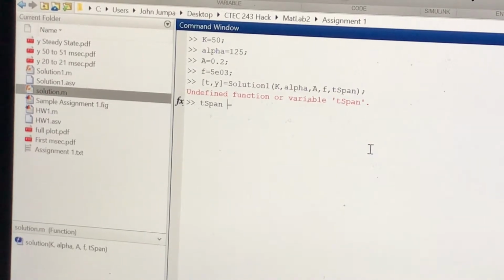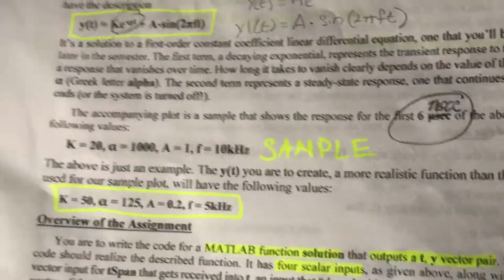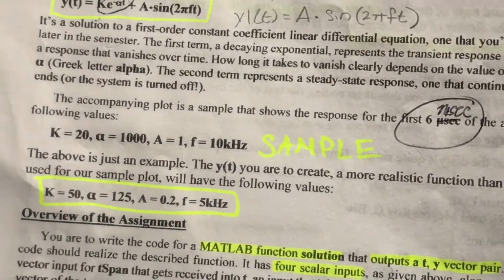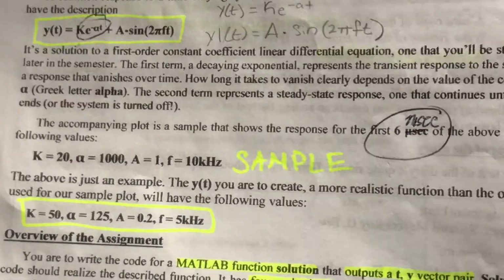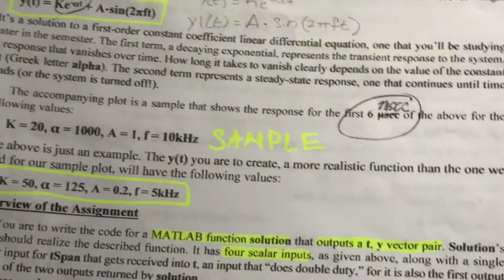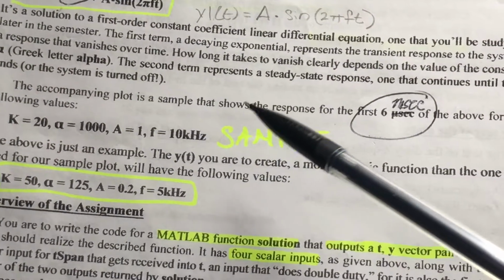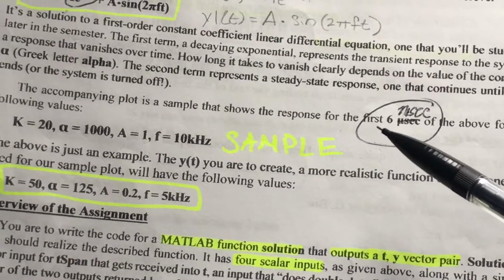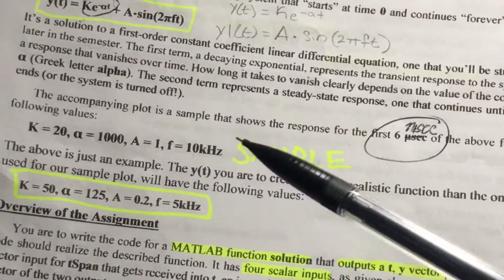As you look back in the packet, Professor Myers actually made a mistake. I talked to him on a Monday in the morning class about why my function file didn't work correctly, and it's because he made a mistake in the packet right here. The accompanying plot is a sample that shows the response for the first 6 microseconds of the above for the following values.